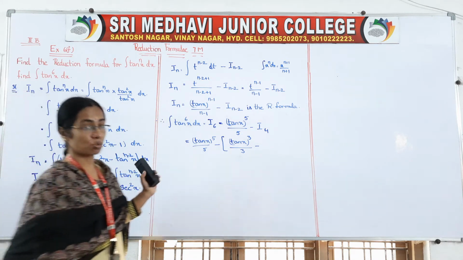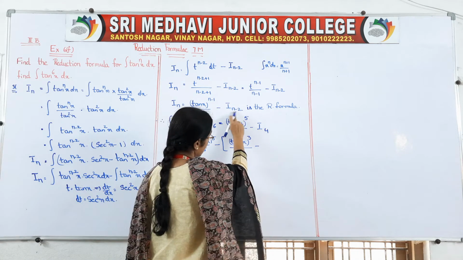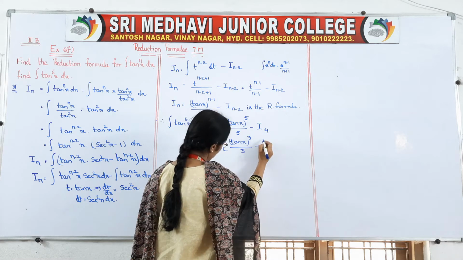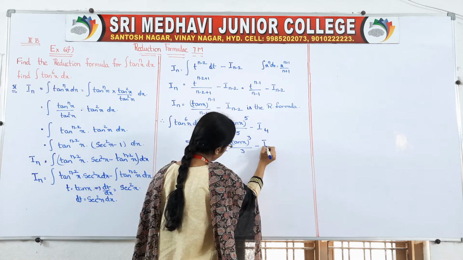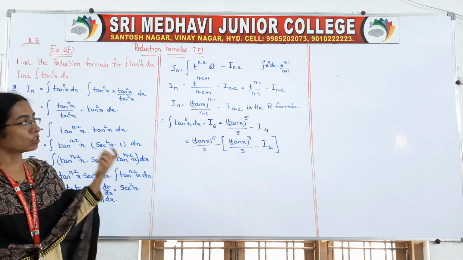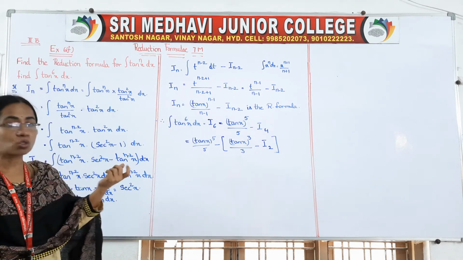Here I of n minus 2, n is 4, so 4 minus 2 is 2, that is I_2.